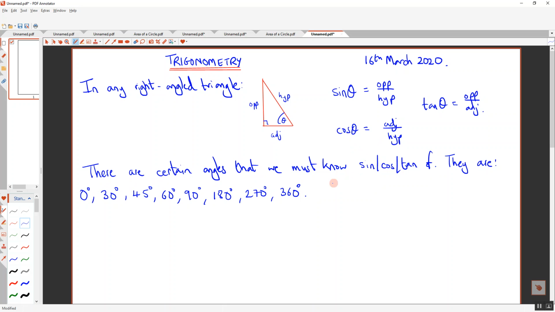Now, we can obviously put them into our calculator, but we must know them as exact values, okay?